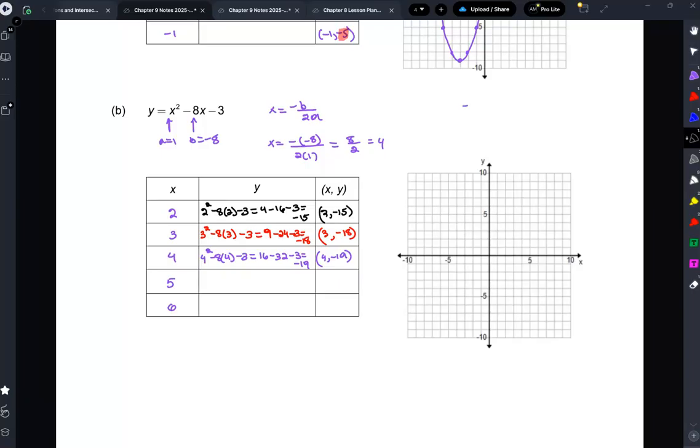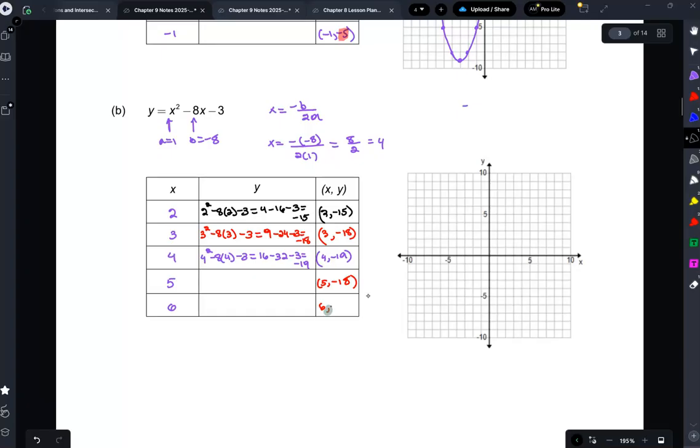Okay. Is that 7 or 2? The top one? There are no sevens. I'm sorry, Benny, but no sevens anywhere. Okay. How about for 5? What am I going to get? 5 comma what? Negative 18. And 6 comma what?